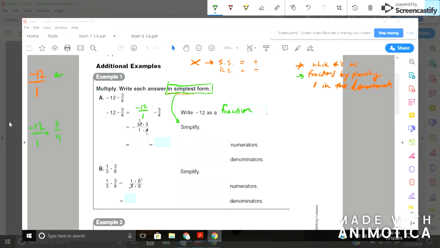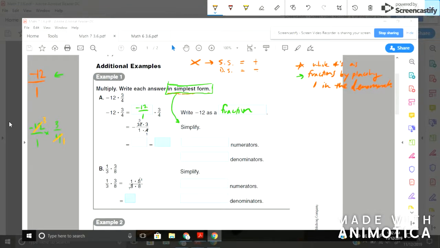Look diagonal. 3 and 1, their greatest common factor is 1, so we can't simplify that at all. 12 and 4 are both divisible by 4, so you could divide each of these by 4. 4 divided by 4 would be 1, and 12 divided by 4 would be 3. So that's where they come up with 3 and 1.